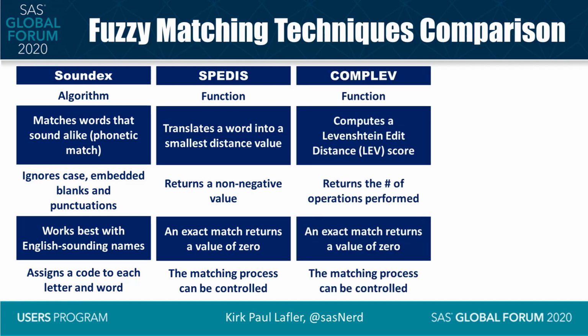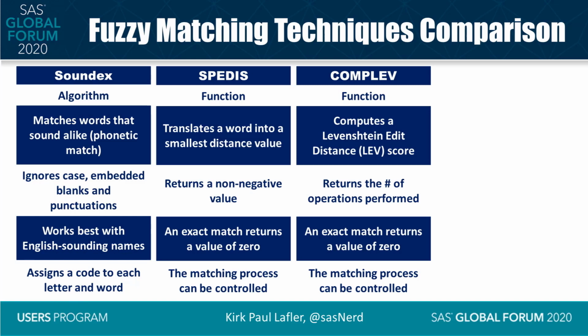The CompLev function, if you decide to use this, computes what's known as a Levenshtein edit distance score, returning the number of operations that were performed to allow string 1 to be equal to string 2. An exact match returns a value of 0, and once again the matching process can be controlled.